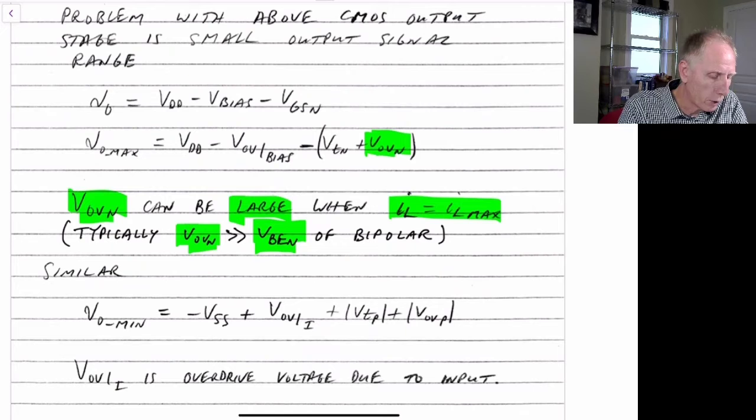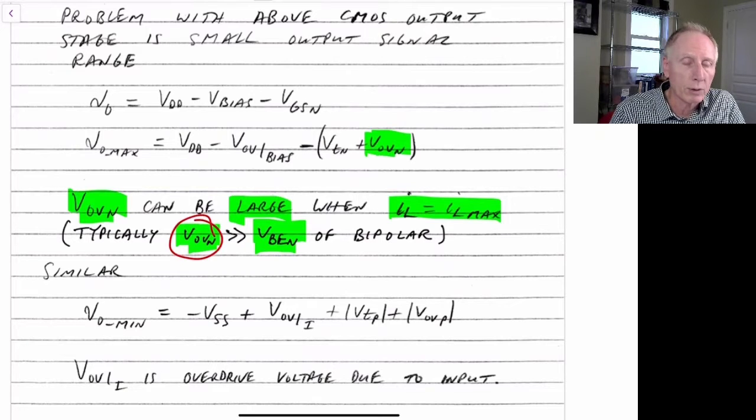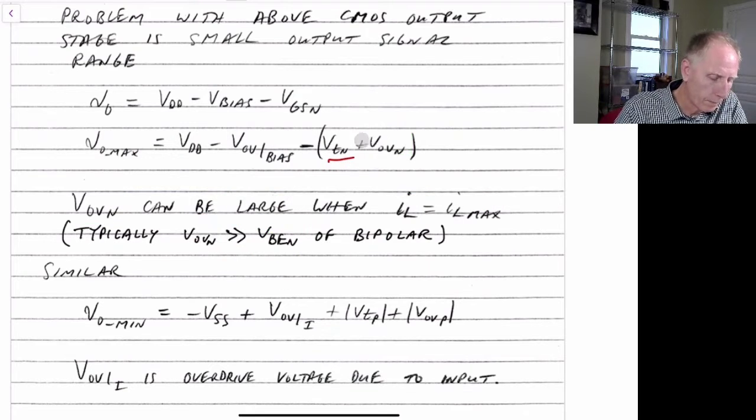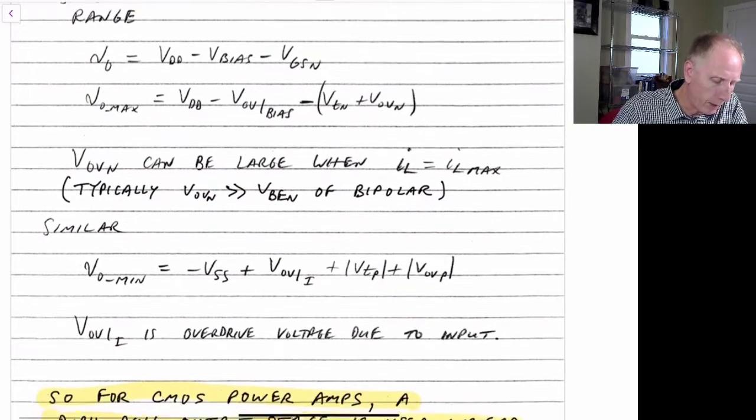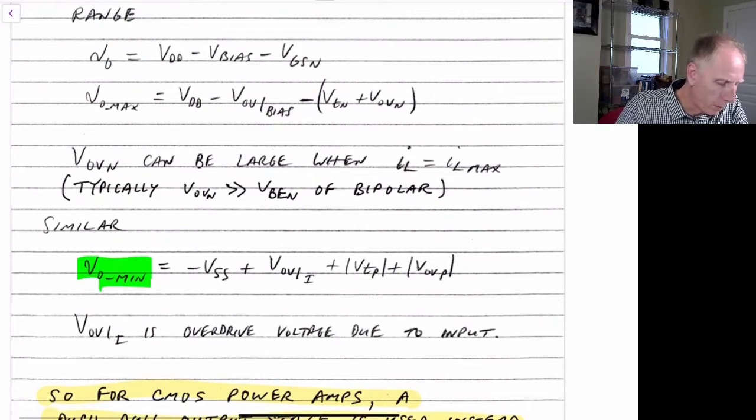Whereas the overdrive voltage of this NMOS transistor could easily become 300, 400, 500 millivolts in a power transistor. And when you add that together with the threshold voltage of another 300 millivolts, you've easily got 1 volt or 2 volts of loss that you have here. You can look at a similar relationship and you'll see that the Vout minimum will depend upon the overdrive of the PMOS transistor.